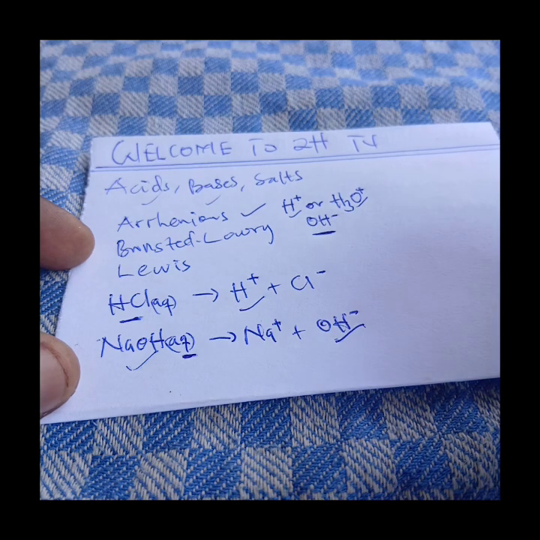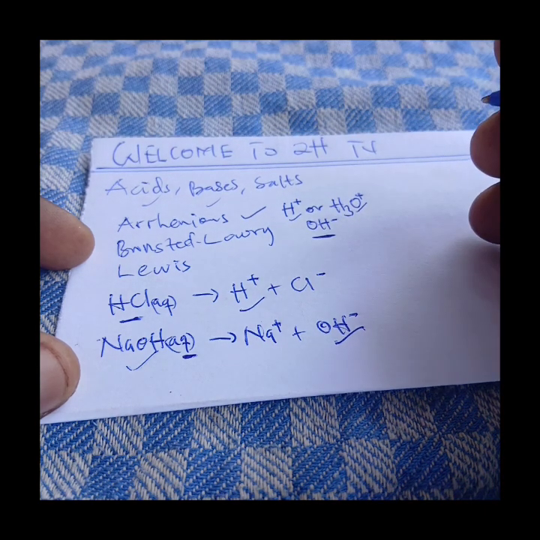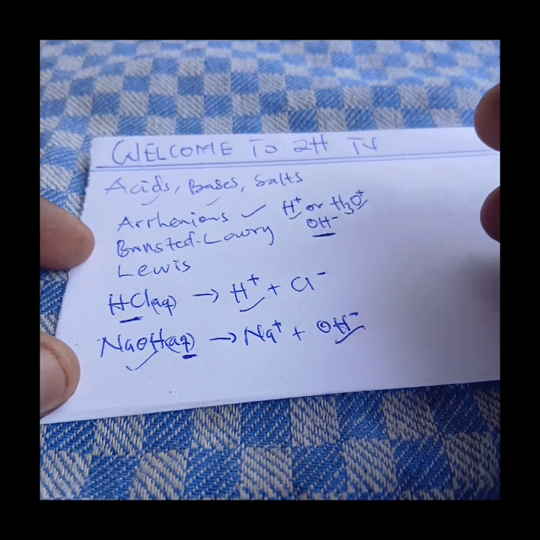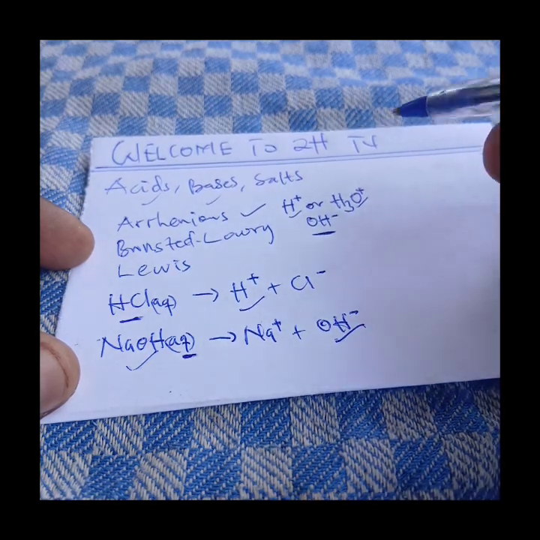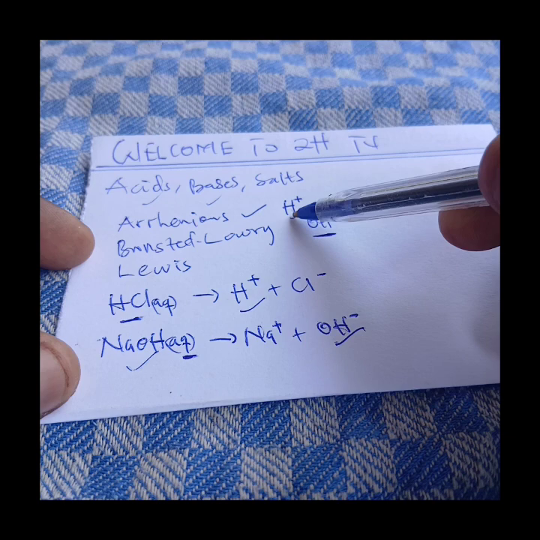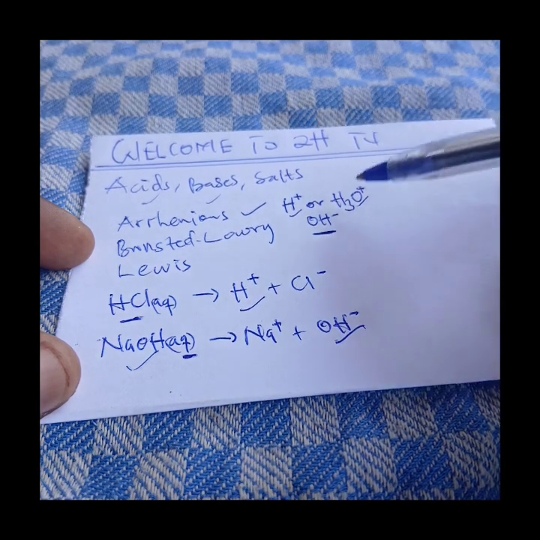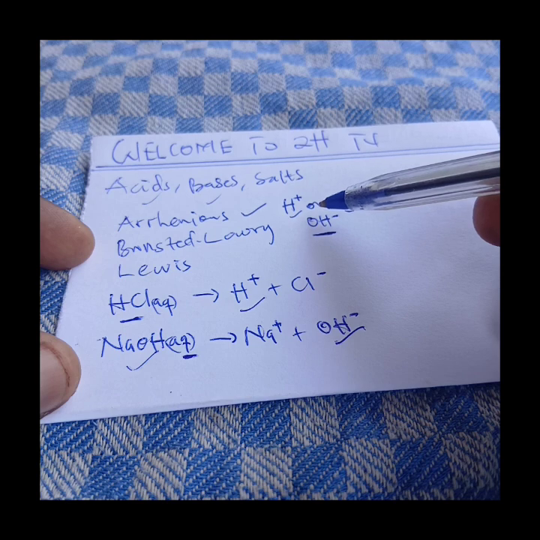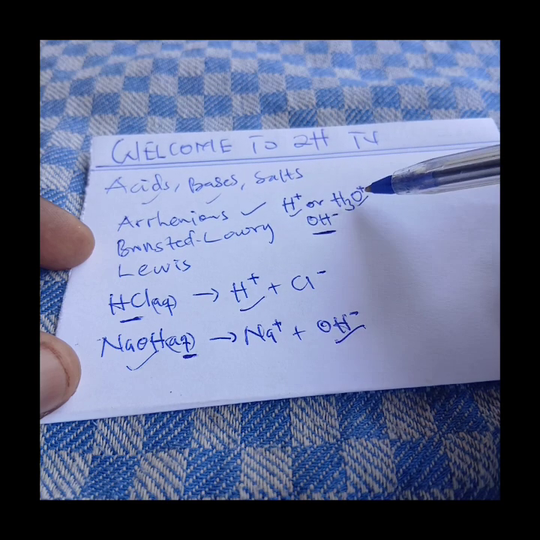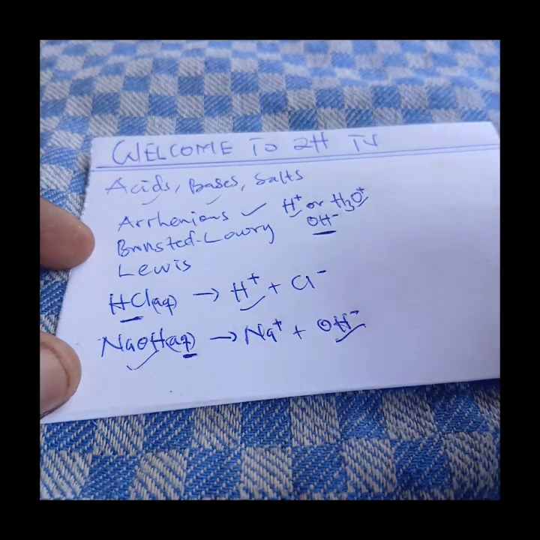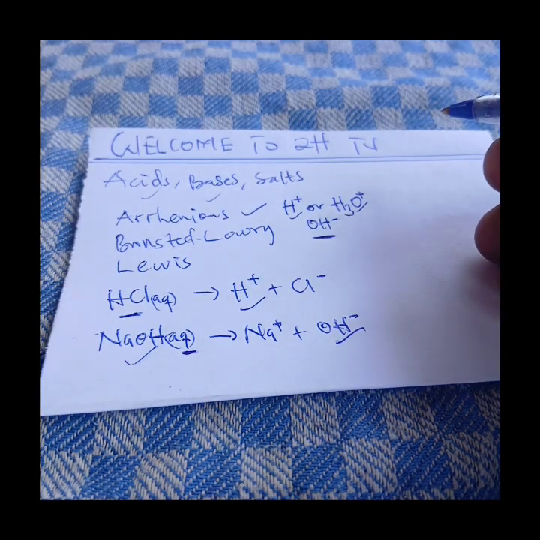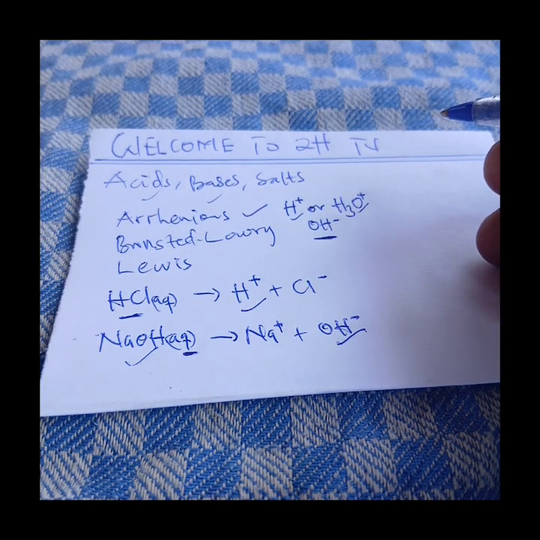So with his definition, any substance at all that when you dissolve it in water is not able to produce hydrogen ion or hydronium ion for the acidic part, or hydroxide ion, that substance can't be an acid or a base. Okay, so that is the concept of the Arrhenius definition of acids and bases.